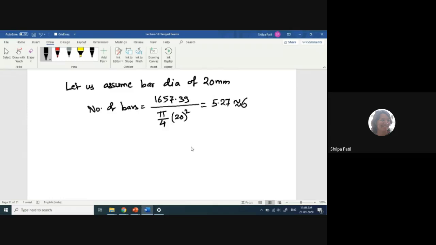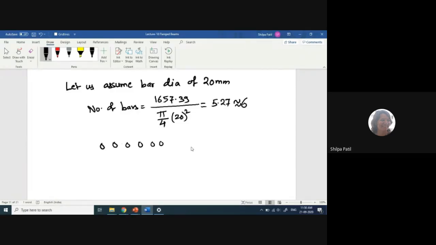There are 6 bars, so 6 multiplied by 20, what is the value you are getting? It is 120. Plus I have to maintain a minimum spacing between each bar of 25 mm. If I consider 1, 2, 3, 4, 5, 6 bars over here, there are a total of 5 spacings. So 5 multiplied by 25 is normally the spacing.